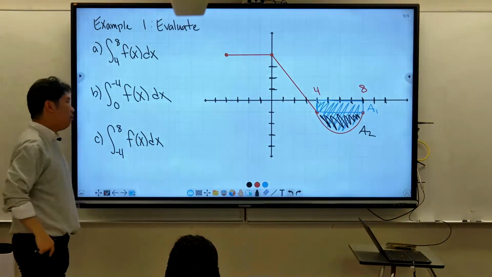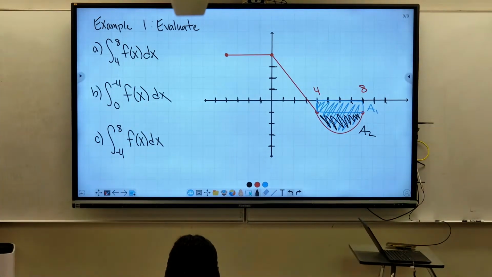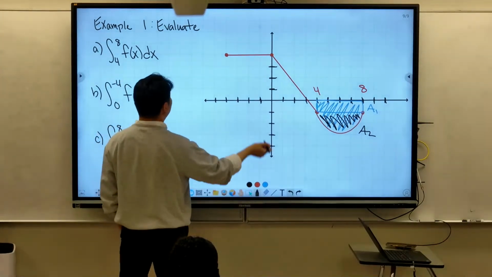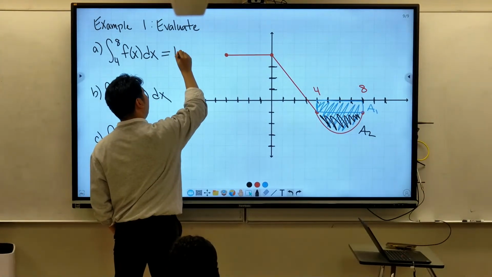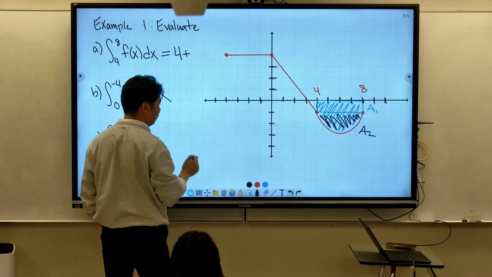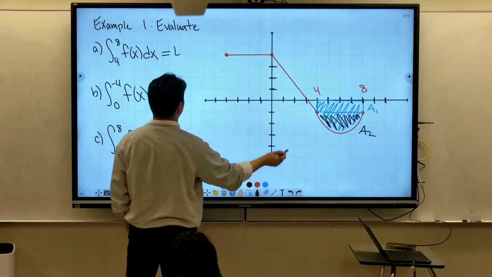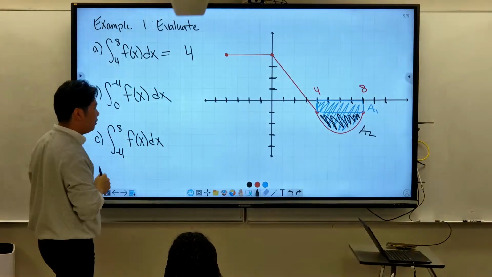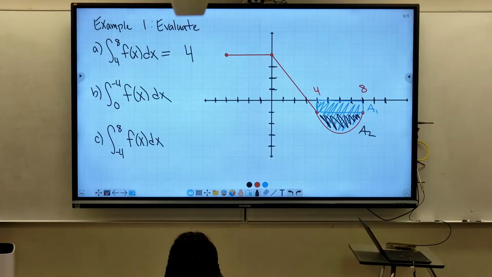All right, so looking at this, can you just tell me what the area A1, the box, is going to be? 4 times 1, 4. Yeah, that's 4. It's 4 wide. It's 1 tall. That's 4 times 1. Area 1 is 4. Before I add, there is one other thing I'm going to note in a moment. What about A2?